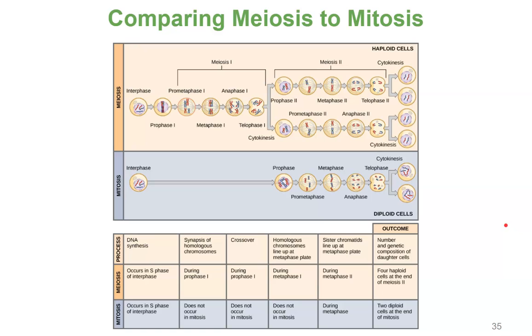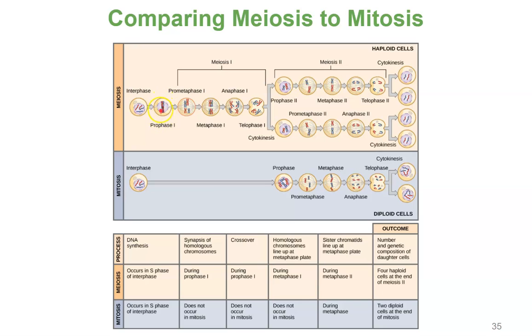Okay, so I told you before, meiosis 1, very different. Meiosis 2 looks identical to mitosis. Okay, so you already know mitosis, so just apply that to meiosis 2. So meiosis 1, very different.